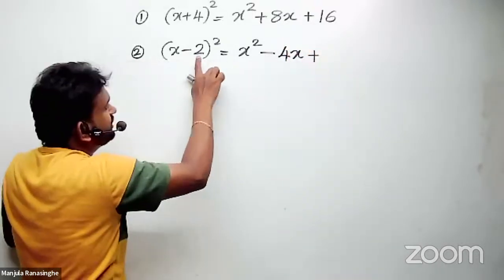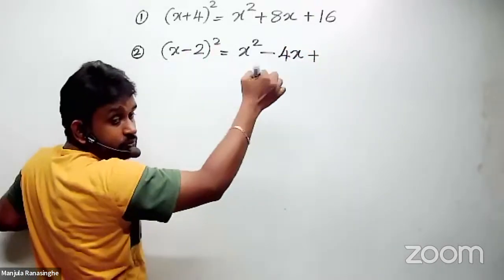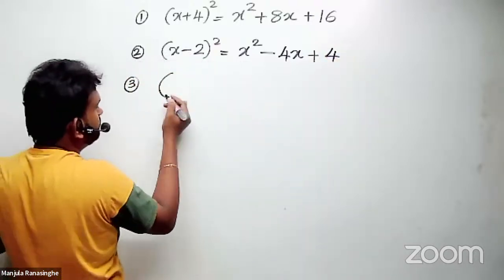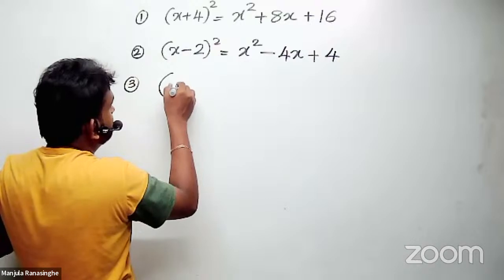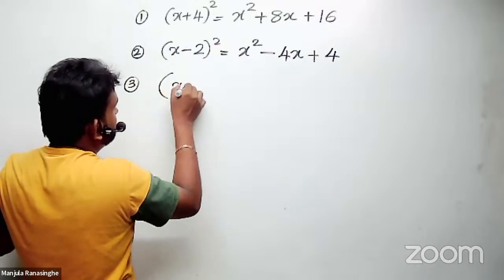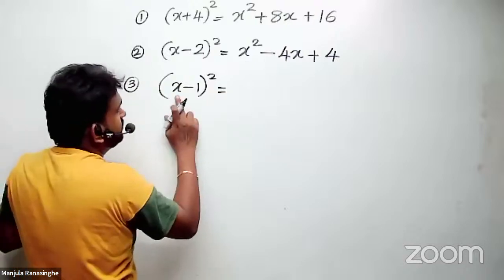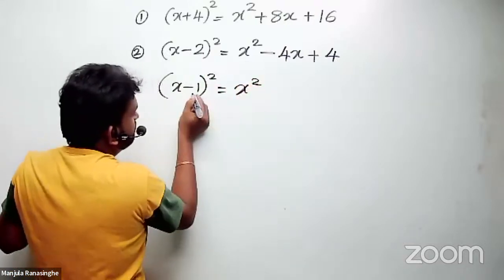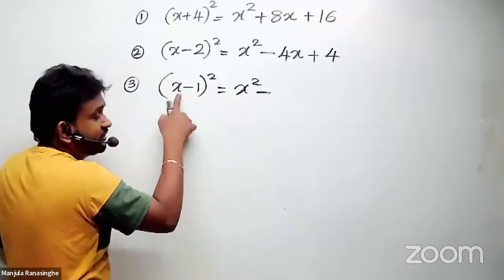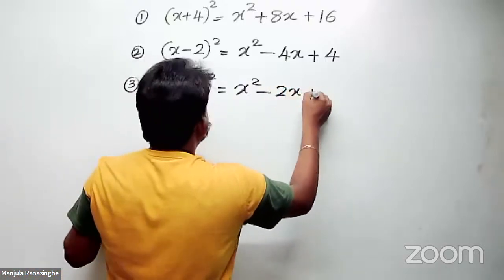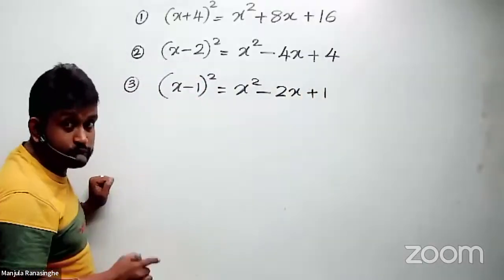Plus the second term is squared. 2 squared means 2 into 2, 4. Okay. Third one, x minus 1 squared. Tell me everyone. x squared. Then if it is minus, minus 1 into x, 1x, twice, 2x. Right? Plus second term squared, 1 squared is 1.